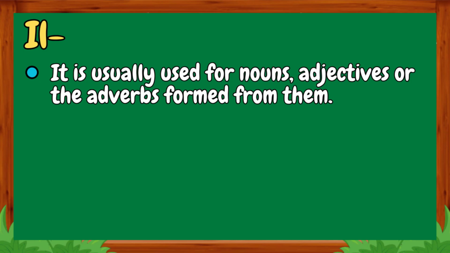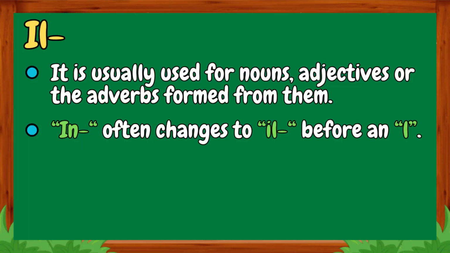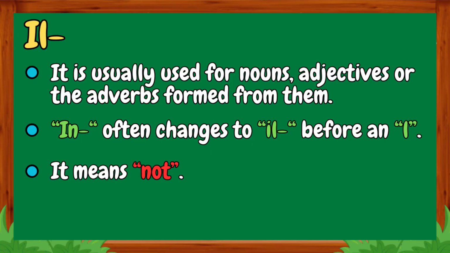Our next prefix is "ill", and like the ones before that, it is used for nouns, adjectives, or the adverbs formed from them. And also look at this one again, because it links with the "ir", the "im", the "in", and in this case, "in" often changes to "ill" before an L. So very important to remember that. And like all the others before, it also means not.